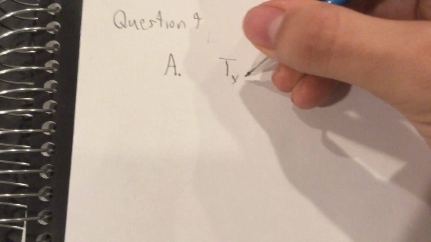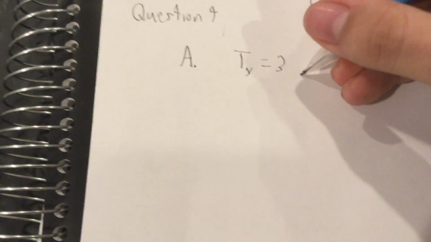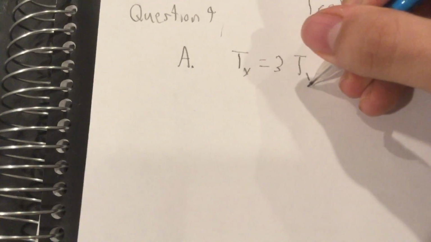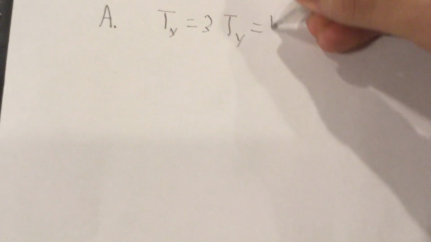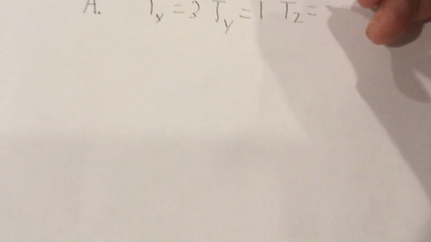So t of x equals 3, t of y equals 1, t of z equals 0.